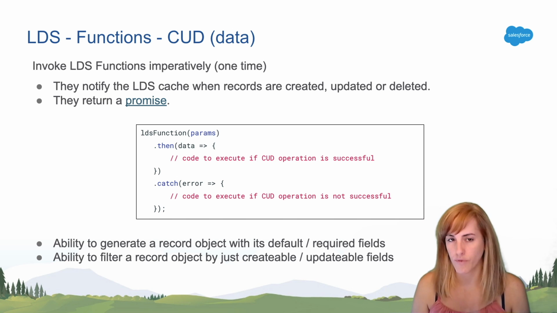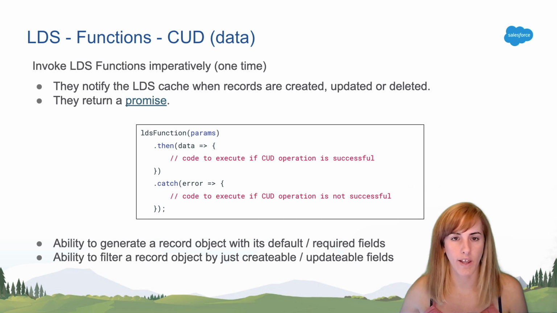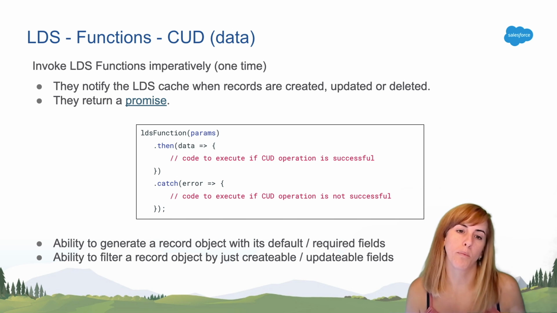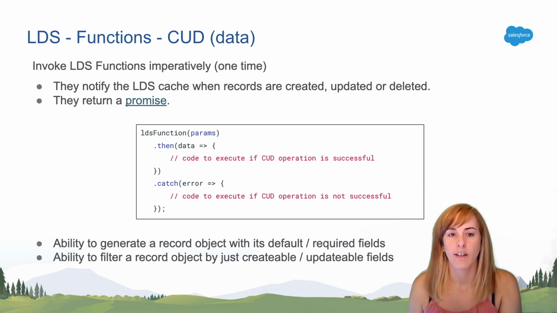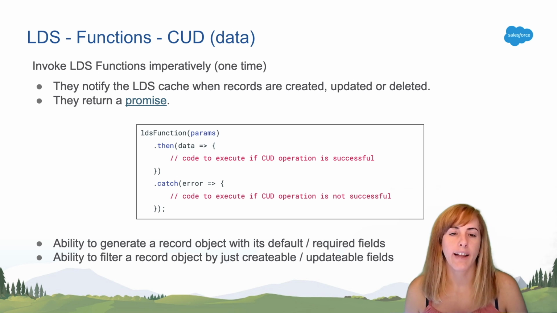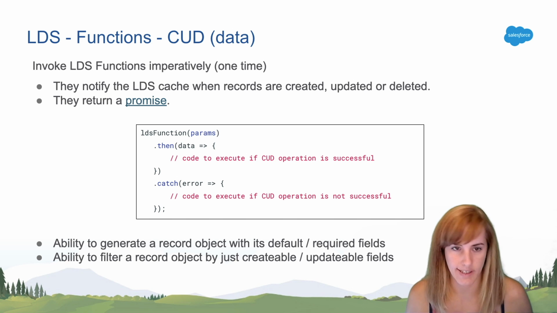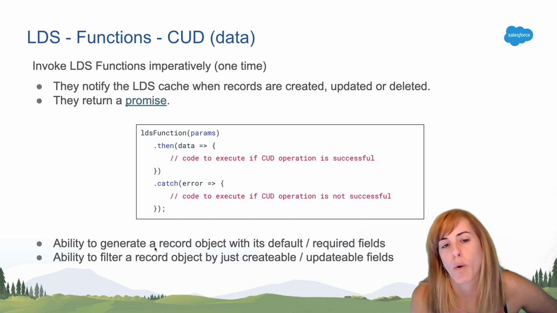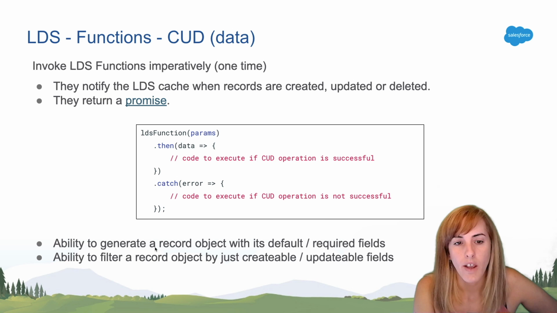And you can get that information calling another wire adapter and then create your component that way before calling this LDS function. I'm creating a recipe to include in LWC recipes this week that is going to showcase that. So you can take a look probably soon.